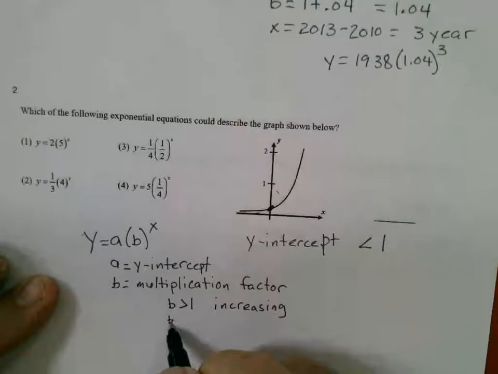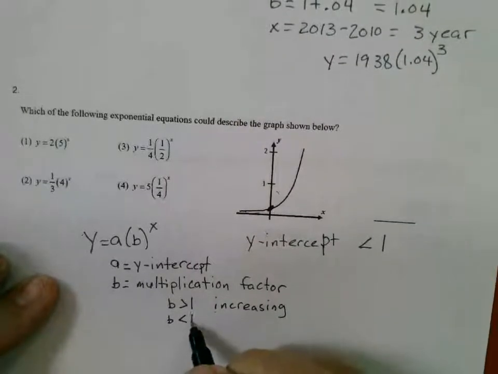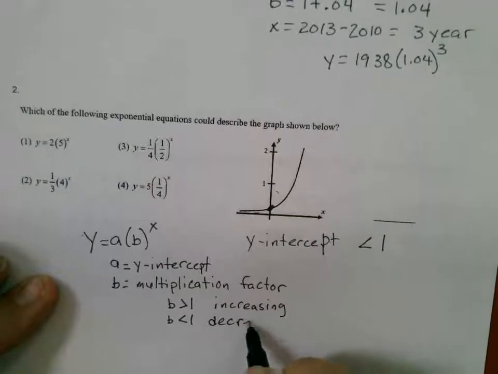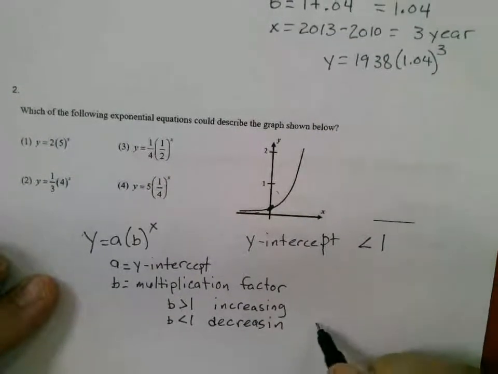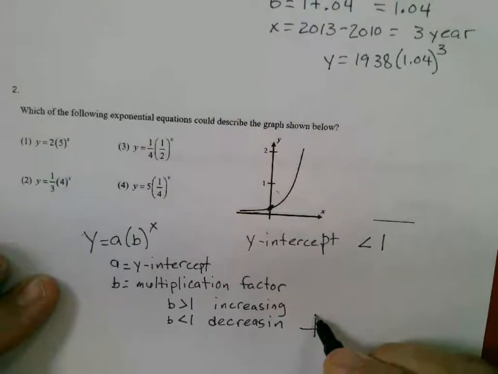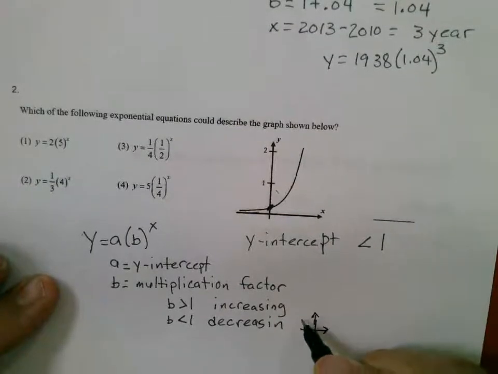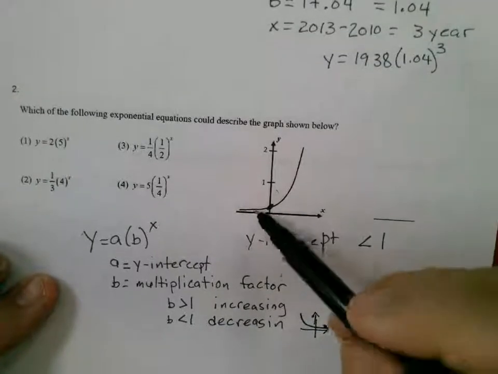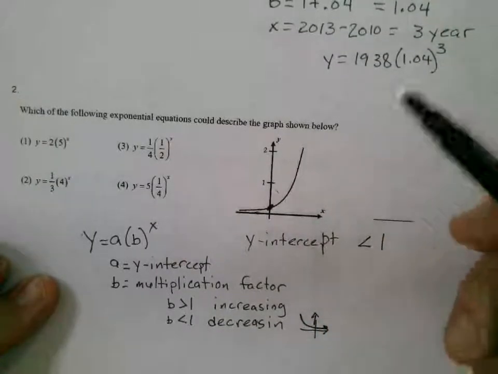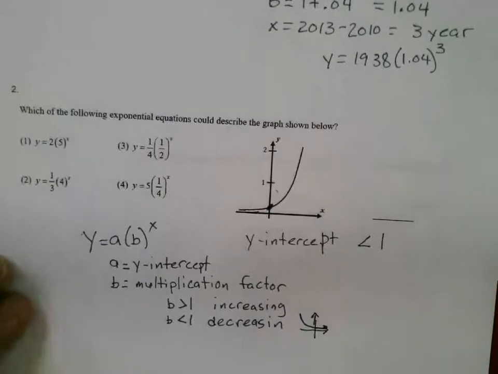And if B is less than 1, it would be decreasing. So if it's a fraction, it's decreasing. All right, so that would look like this. If you had it decreasing, it comes from up here and then it goes this way, getting lower. See, here we have an increase and it's going up from left to right.